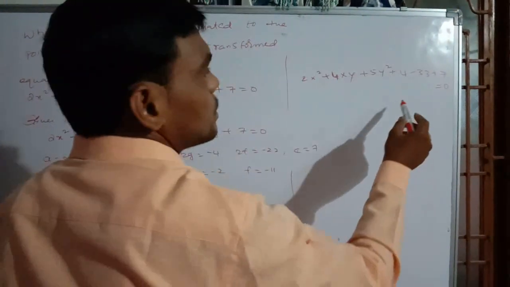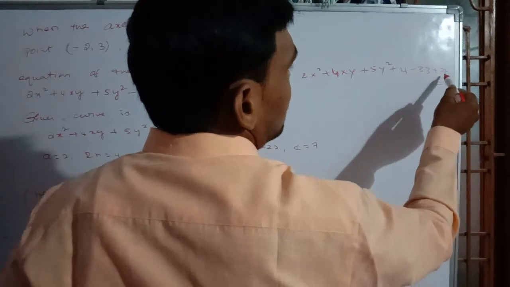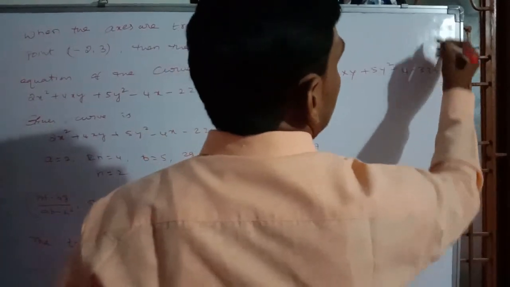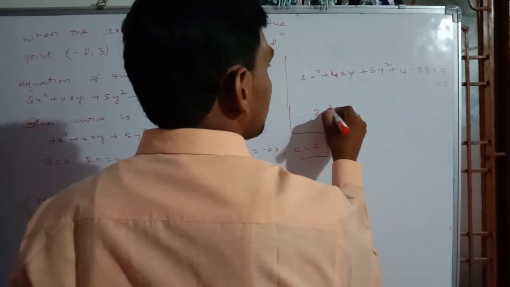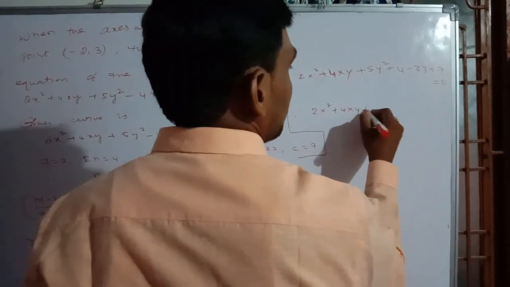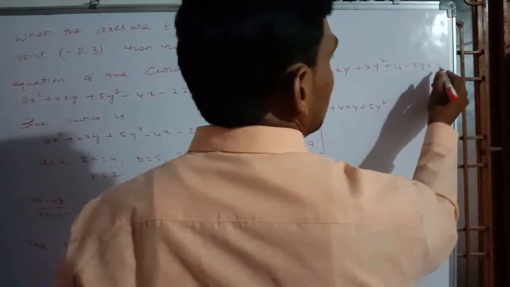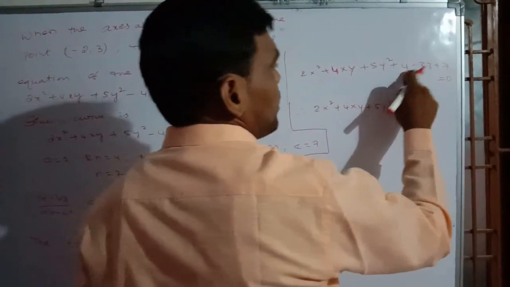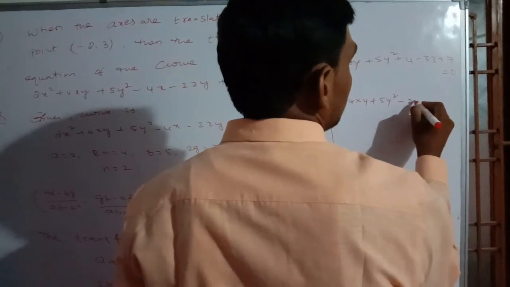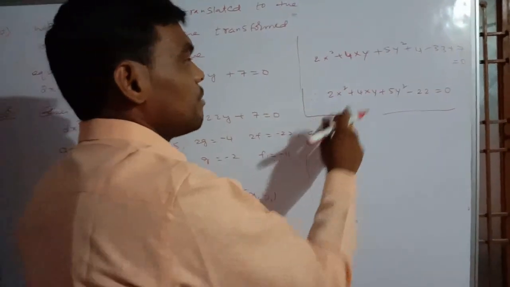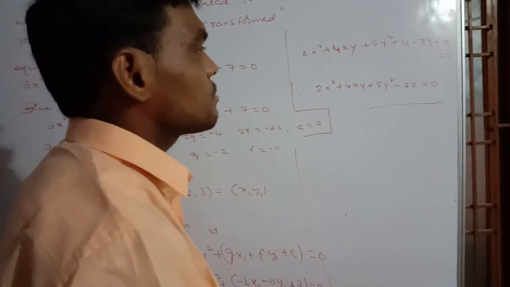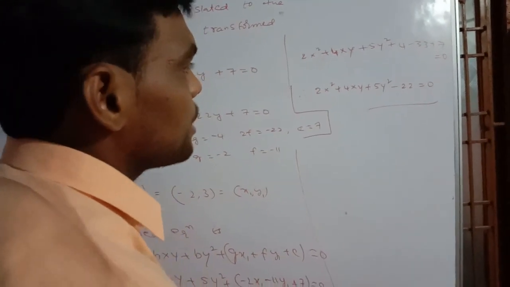Therefore 2X square plus 4XY plus 5Y square, and 11 minus 33 is minus 22, is equal to 0. Now the transformed equation of the curve is 2X square plus 4XY plus 5Y square minus 22 is equal to 0.